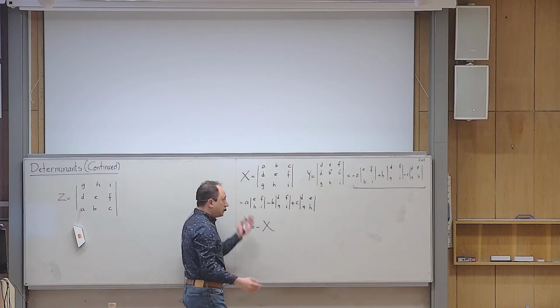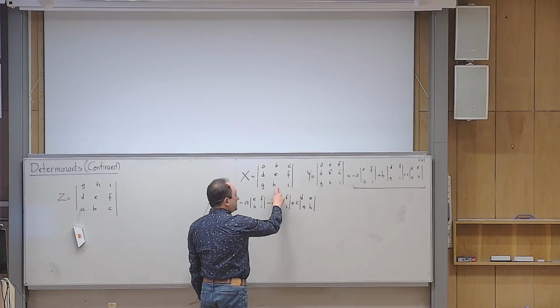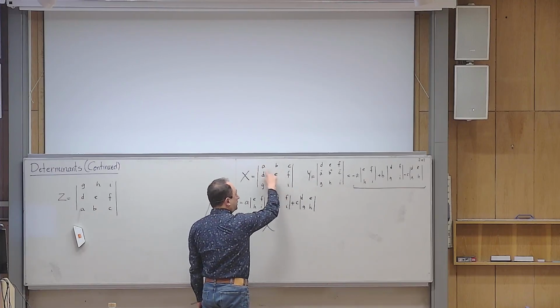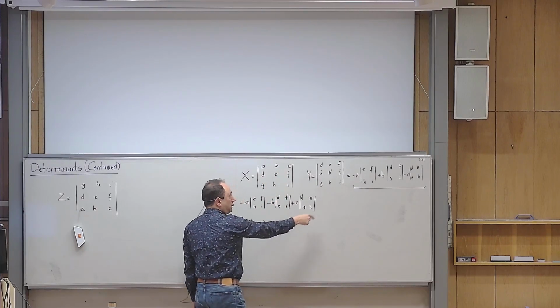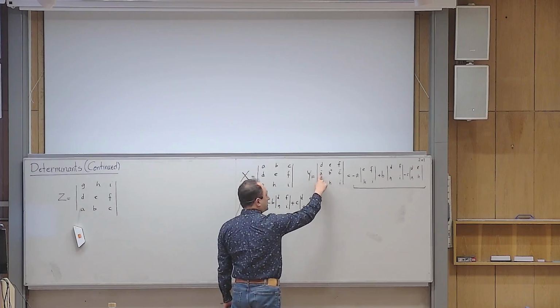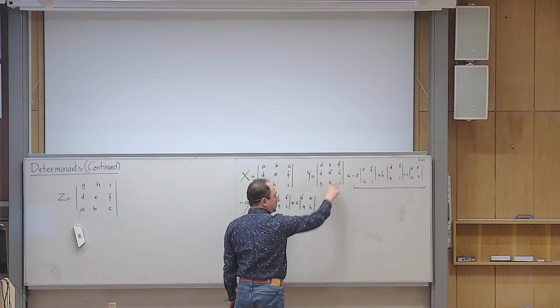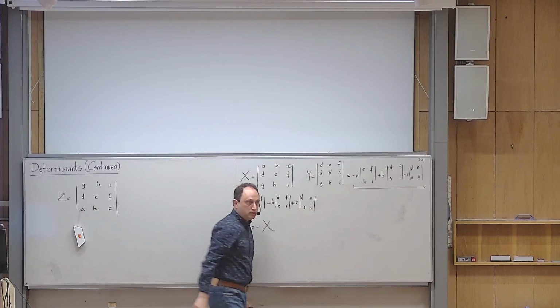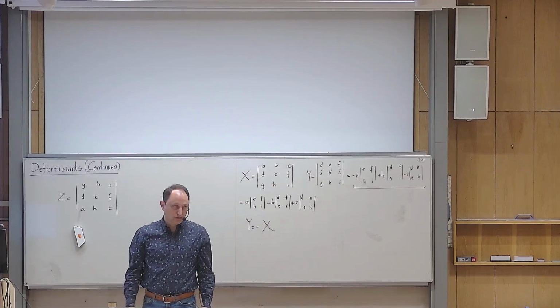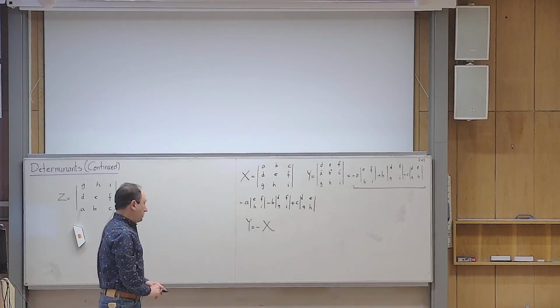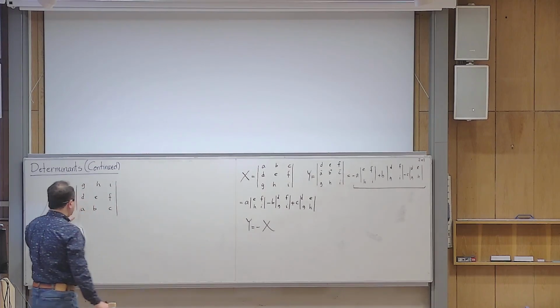Yes? What I did, I expanded this one on one of these rows, and I expanded this one on the same row after being interchanged. And then immediately it becomes clear that one of them is the negative of the other. Okay, now we want to do the same thing here.